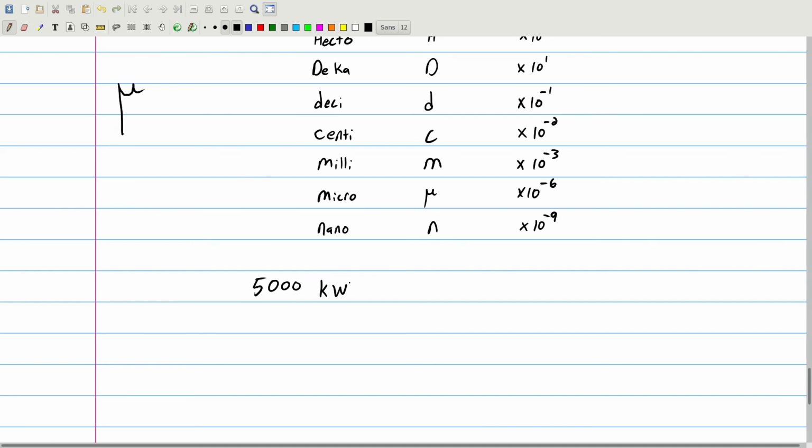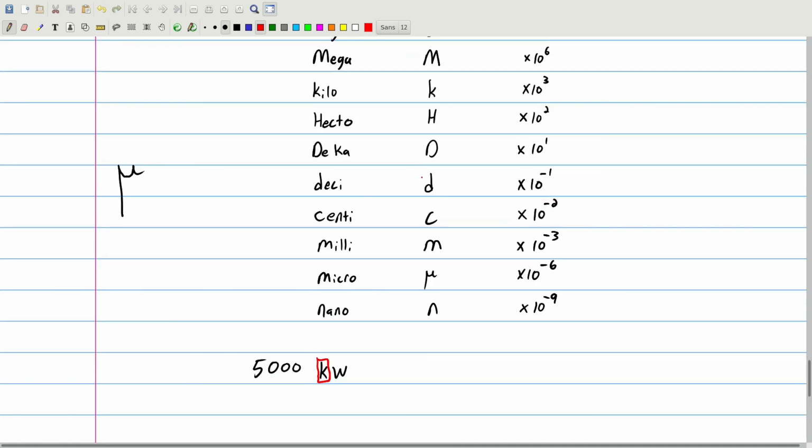Well, in order to do any sort of calculation on this, I need to recognize, first of all, that this initial letter of what looks like a unit isn't actually part of the unit. It's actually scientific notation in disguise. That K stands for kilo, which means times 10 to the third. So if we wanted to convert this into a correct usage, this would be 5,000 times 10 to the third watts. Don't forget to bring that watts along.